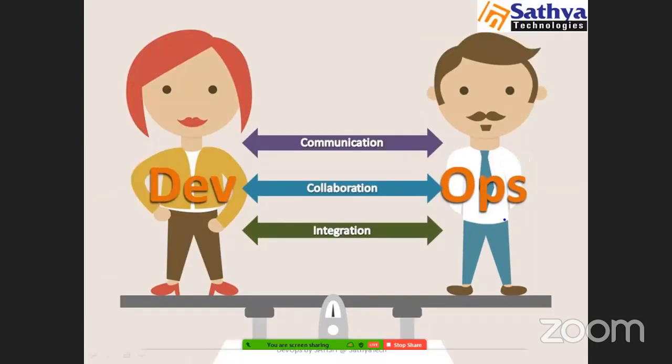You can compare this with the regular process. In this manual process, you have a dev team, then a code building team, test, and some operations.